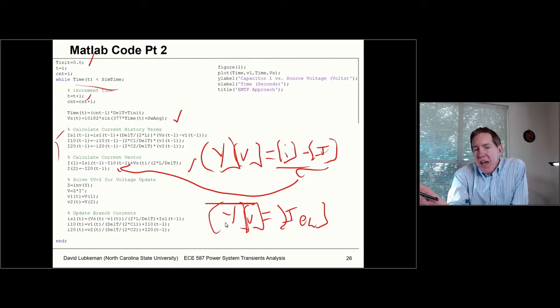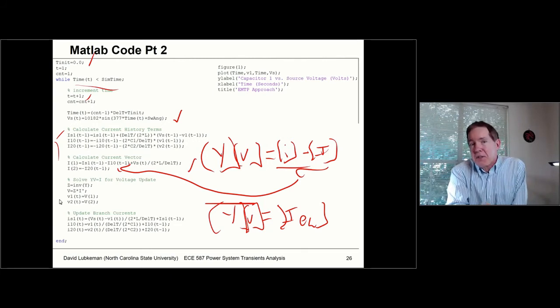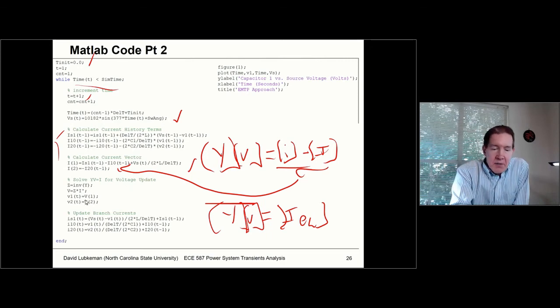In this particular case, instead of solving Ax equal b directly, I'm inverting Y to give me kind of an impedance matrix. Then V is equal to Z times I, and I can pick the values out for V1 and V2 from this voltage vector. So once I've got the voltages, I go through and update the branch currents.